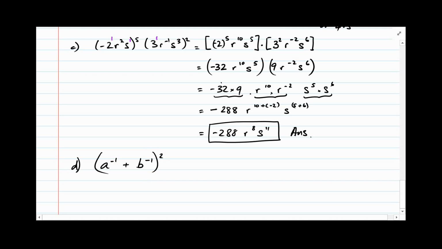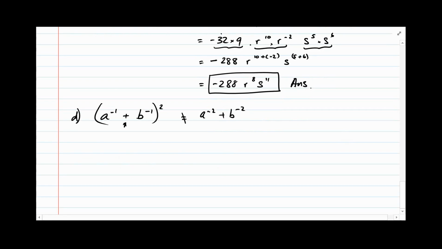All right, let's work inside the bracket first. Notice this is not going to be a to the -2 and b to the -2. There is no rule for the sum. There is no automatic rule with indices for the sum, so get that one out of your mind.